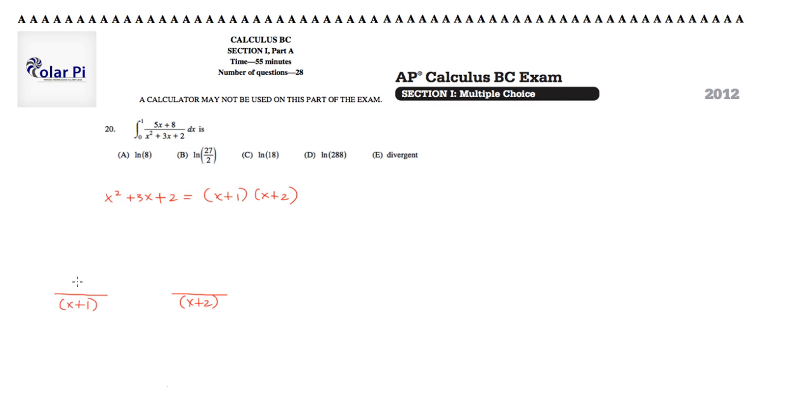And we know that these two fractions have constants A and B as numerators. Our claim is that the sum of these two fractions makes up the inside of our integral, our integrand, which is 5x plus 8 divided by x squared plus 3x plus 2.